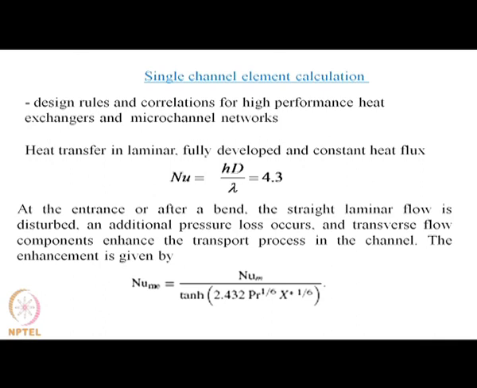Nusselt number m e is equal to Nusselt number m times a factor, where the Nusselt number m on the right hand side denotes where the flow is fully developed, and the left hand side is the Nusselt number for the developing flow. These two are connected in terms of Prandtl number, which is a thermophysical property of the liquid, and x star, which is a dimensionless entry length.